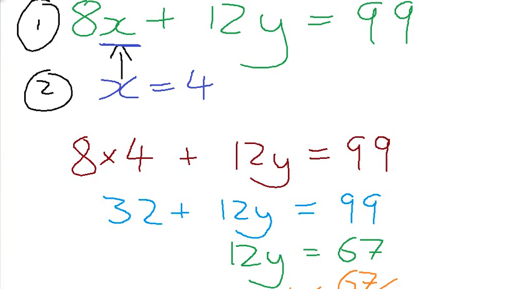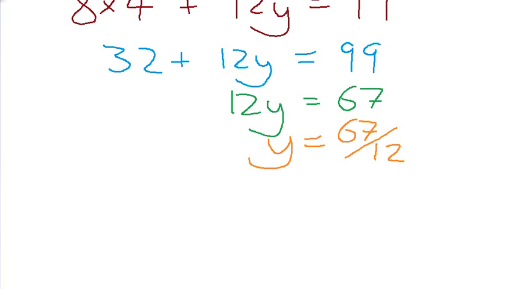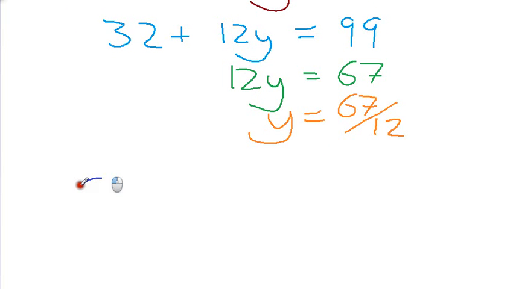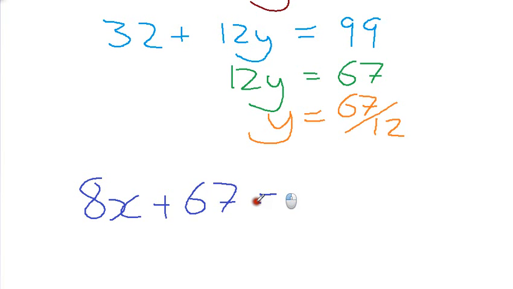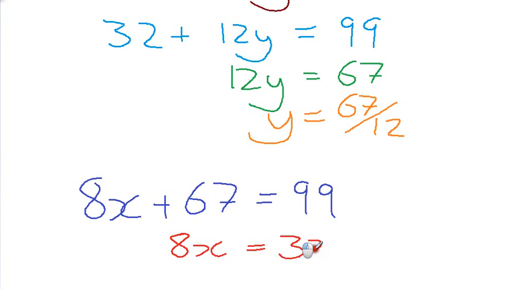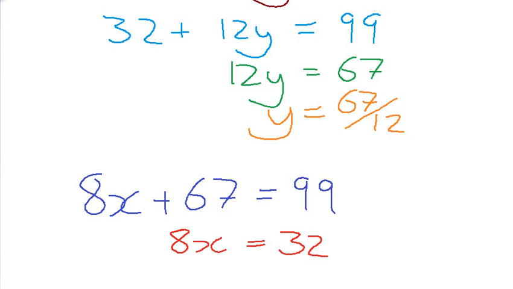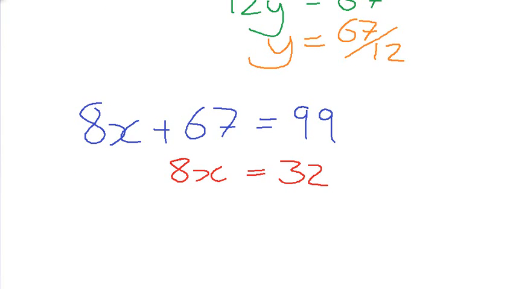So 8x plus 67 is going to be equal to 99. So let's do 99 minus 67, which is 32. So 8x is equal to 32. And then by dividing by 8, we're going to get x is equal to 4.